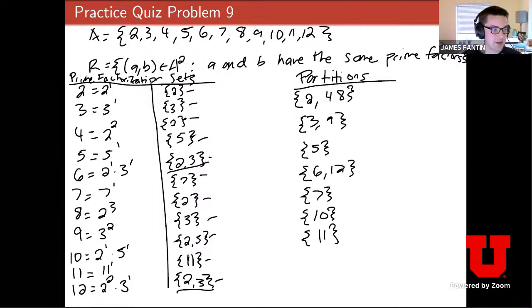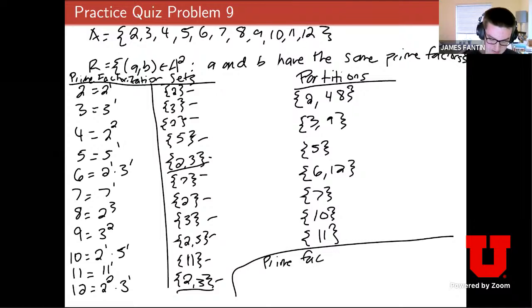Yeah, that makes sense. And the reason why we don't is because the prime factorization for any positive integer is unique.